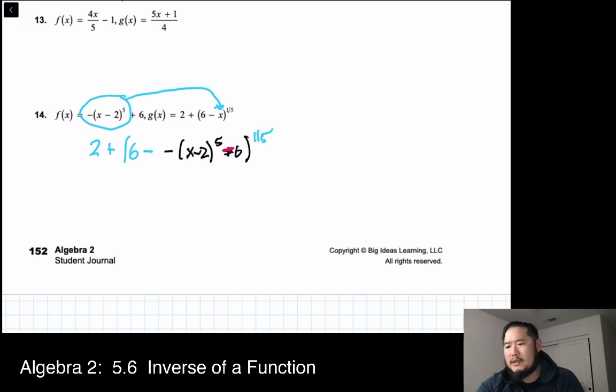So if we put it all together, I've got 2 plus, and the 6's end up canceling out because it's plus 6 and negative 6. So I'm left with x plus 2 to the 5th power, and then all of this is raised to the 1/5.